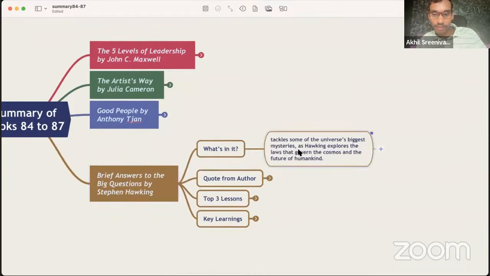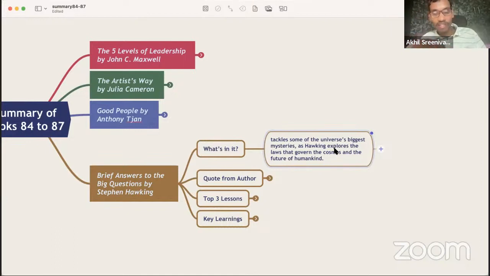This book tackles some of the universe's biggest mysteries as Stephen Hawking explores the laws that govern the cosmos and the future of humankind. You might have heard about aliens, about climate change or global warming, and about all the specific global problems or universal problems.